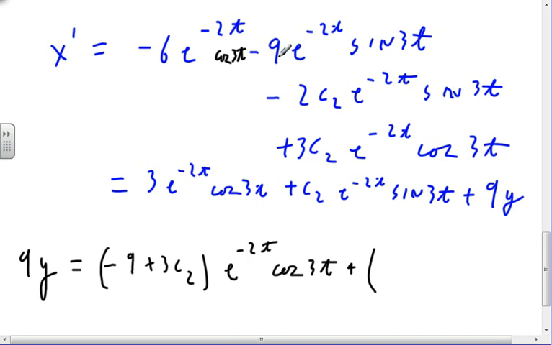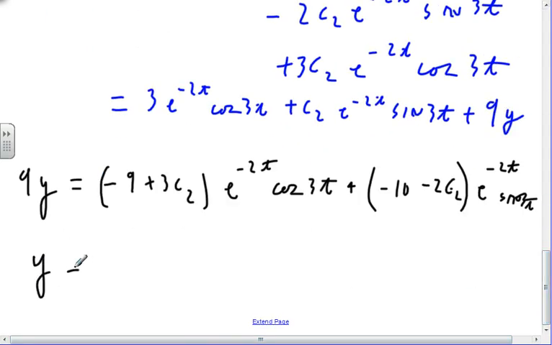Okay, I got 1, 2, 3 sine guys. So I got a minus 9, I got a minus 10, minus 10 minus 2c2 e to the minus 2t sine 3t. Oh, I hope I did that right.